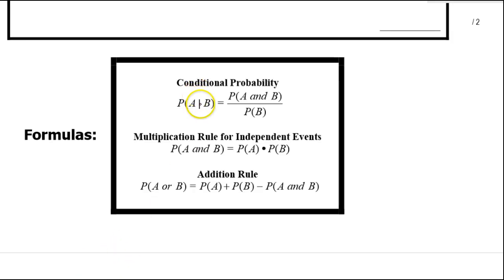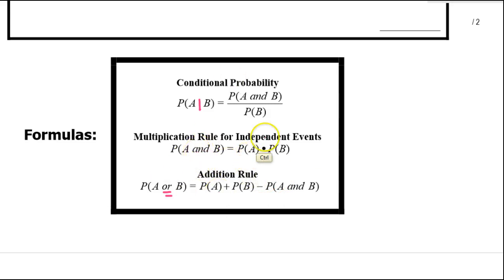Notice that the first formula is the only formula that mentions given anywhere in it. Notice that the addition rule is the only formula that mentions or in it. So, if the word problem says given, I know I'm going to use the first formula. If the word problem says or, I know I'm going to use this one.